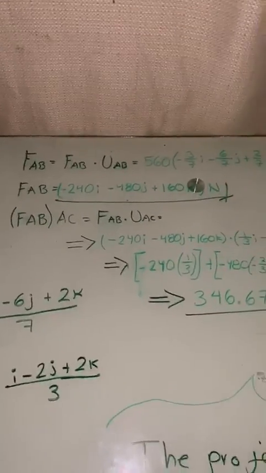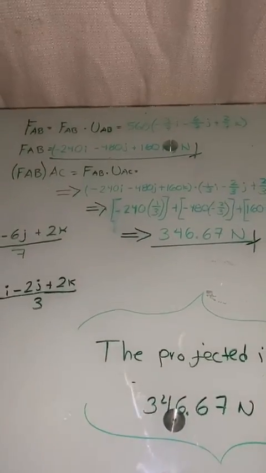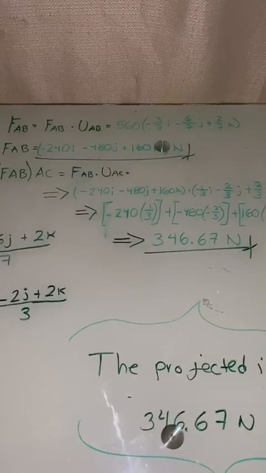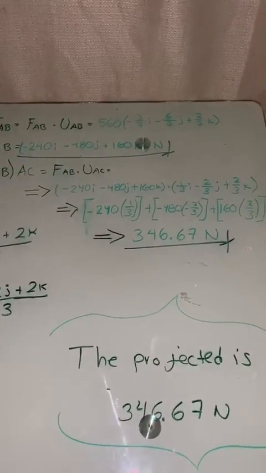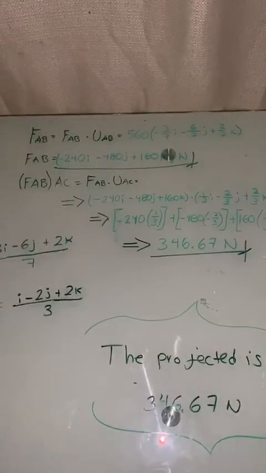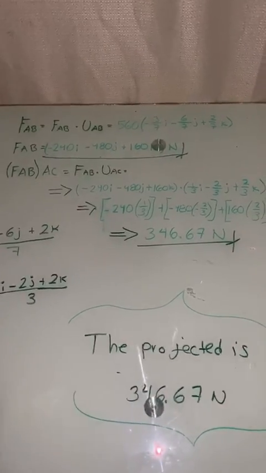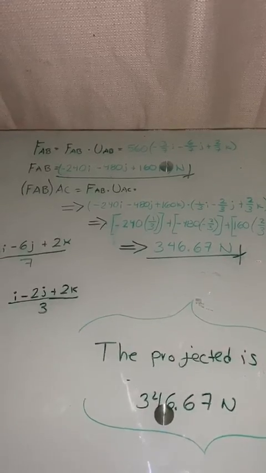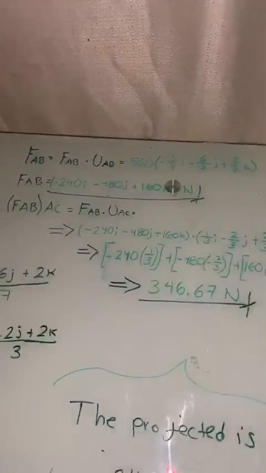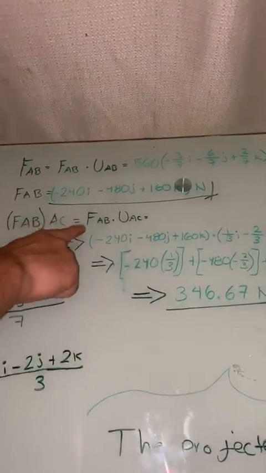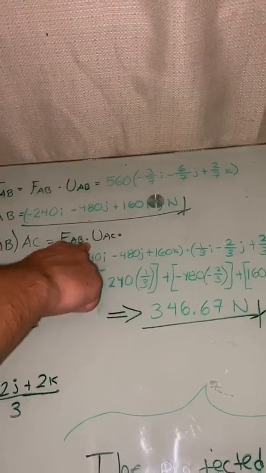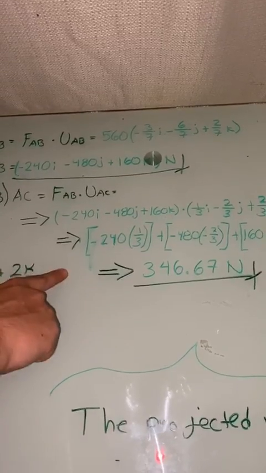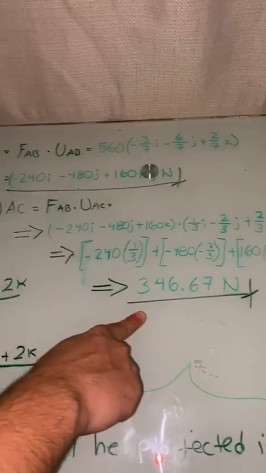To finish, the result of the previous multiplication will be multiplied by UAC, and in this way the projection will be obtained. The formula of FAB dot UAC is equal to FAB multiplied by UAC, and the result is this.